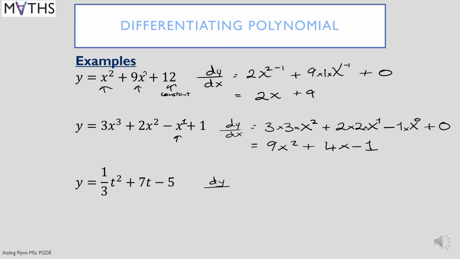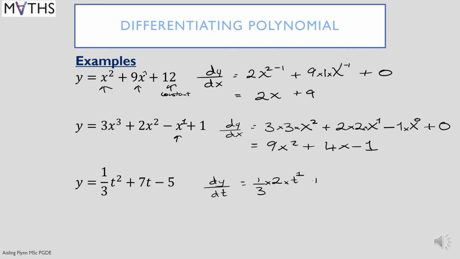So dy/dx, or actually in this case it's dy/dt. So it's how is y changing with your variable t. So the letters can change, of course. So let's change that up for a dy/dt. So we have our third multiplied by the power comes in front, 2 times t to the power of 2 drops to 1.